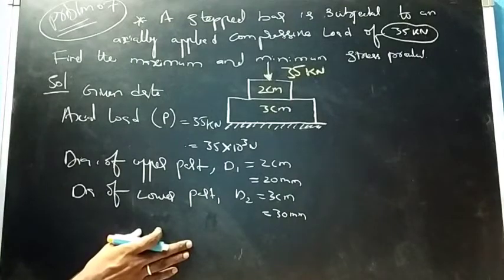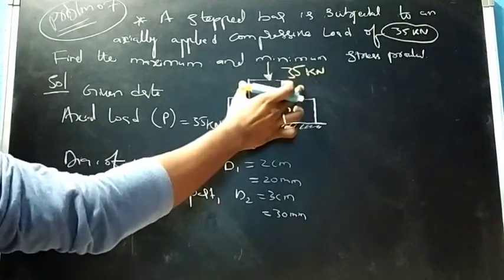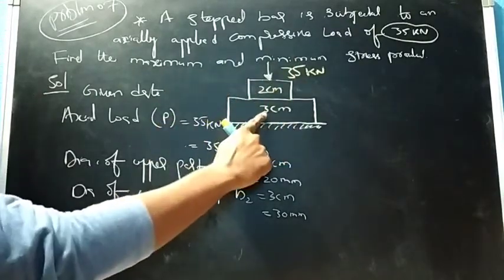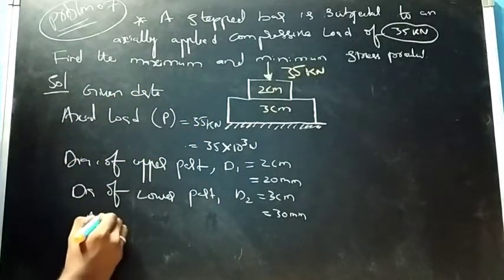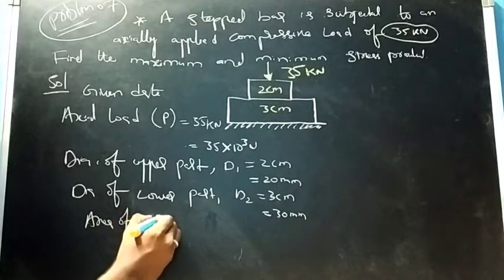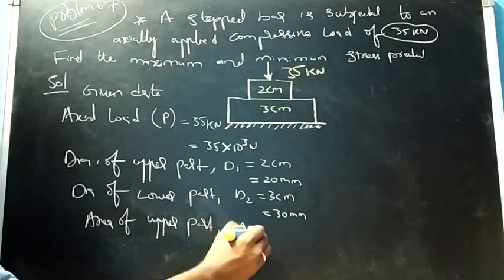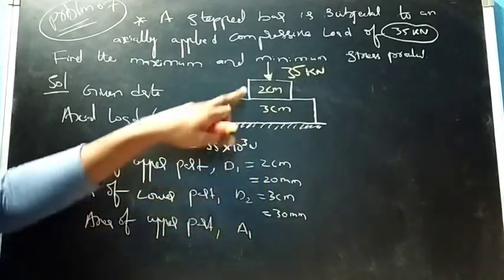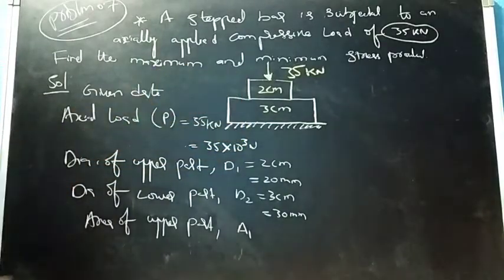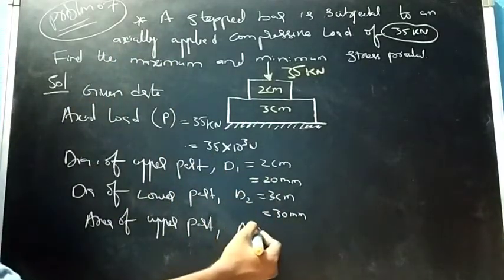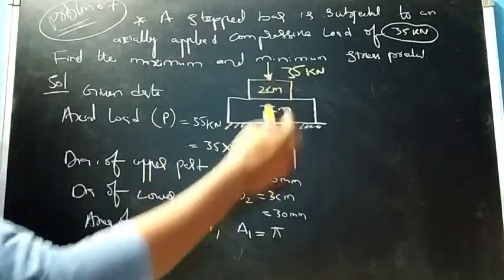So now we'll find out the area of the upper part, that is upper bar, and then we'll find out the area of lower bar. Okay, the load is given, so we'll write area of upper part A1. So we'll take A1 for area of upper part, that is upper bar, which is subjected to compressive load. So we'll find out the area first. It is a circular section, right?